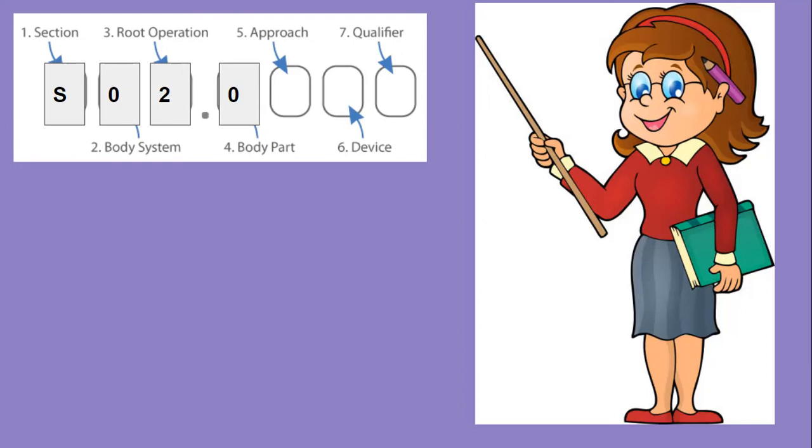So we would use S01.95. Then we have to use an X, and then we have to do an S because that S has to be the seventh character. So it's going to be S01.95XS. Make sense?